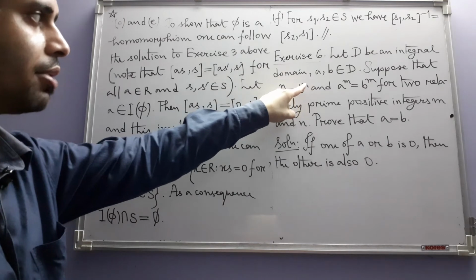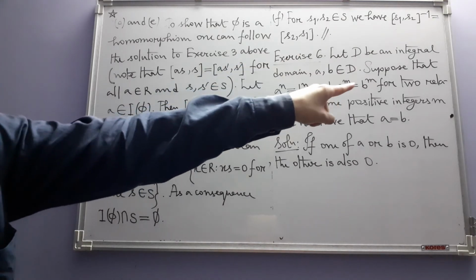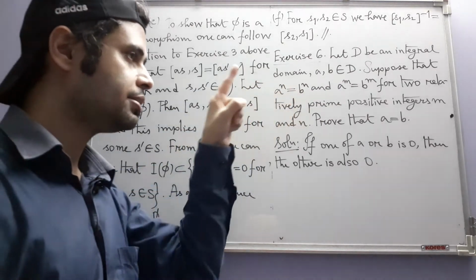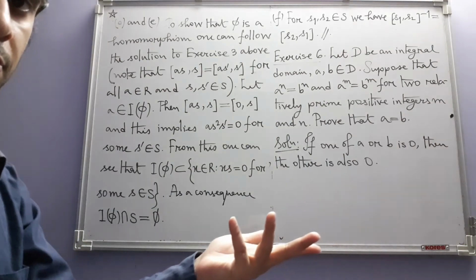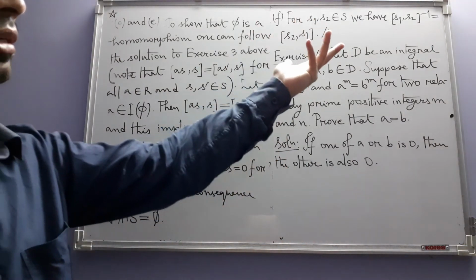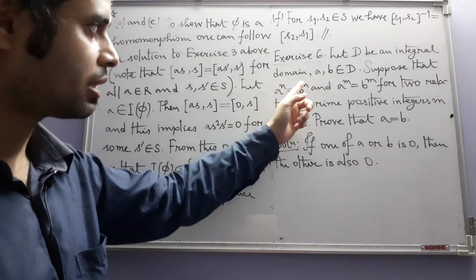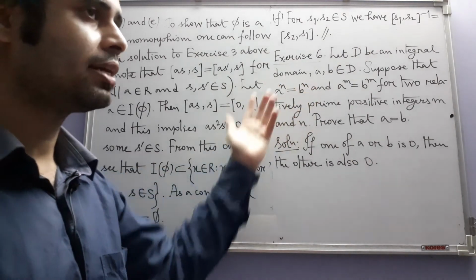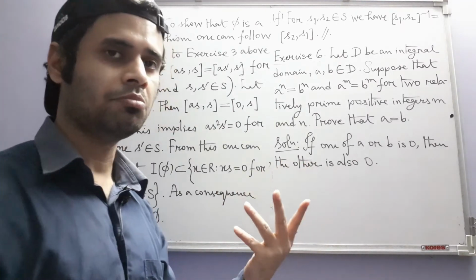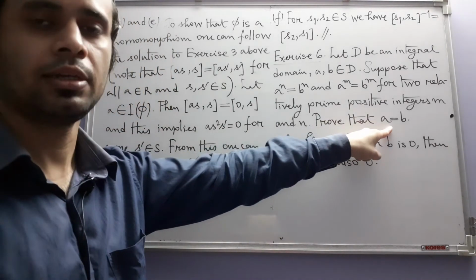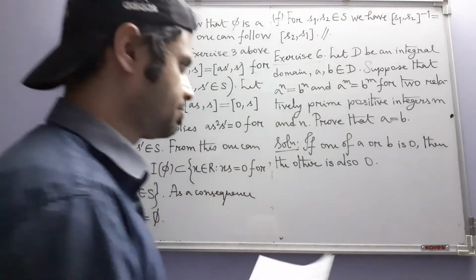That means B to the power n is equal to 0. Since we are in an integral domain, if B is non-zero, then any positive power of B is also non-zero, from the fact that an integral domain has no zero divisor. So B to the power n being 0 would imply that B is also equal to 0. But in that case, we will have A and B both equal to 0, that is, they are equal. Similarly, if B is 0, then A is also 0.